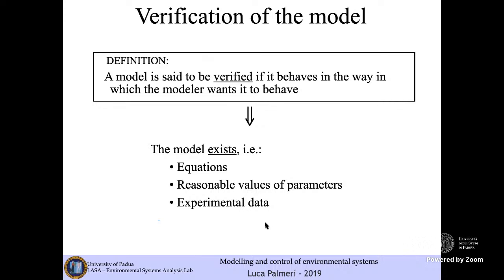A model is said to be verified if it behaves in the way in which the modeler wants it to be. Trivially, for example, if we have dissolved oxygen as a state variable, and temperature as a forcing function, if I increase the temperature, I expect that the dissolved oxygen concentration decreases.